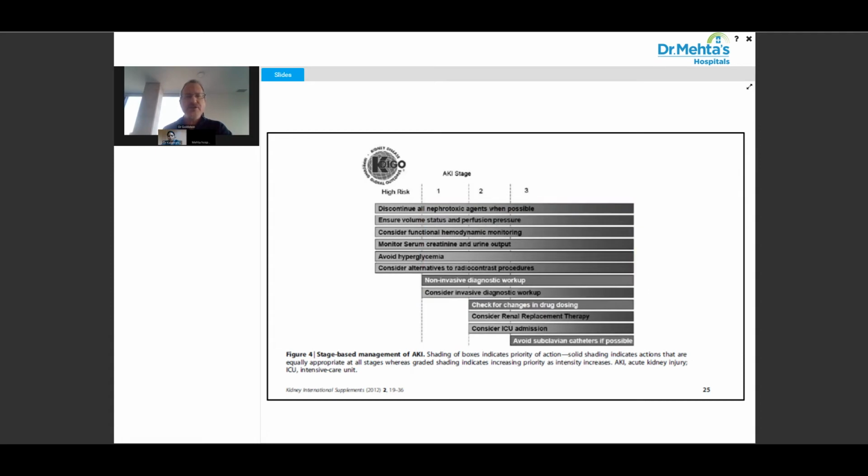And at stage 2, check for changes in drug dosing, consider renal replacement therapy, consider ICU admission. Again, this is a much earlier stage than we would have thought of starting renal replacement therapy or ICU admission. And so this really focuses on acute kidney injury separate from end-stage kidney disease and as a critical illness.